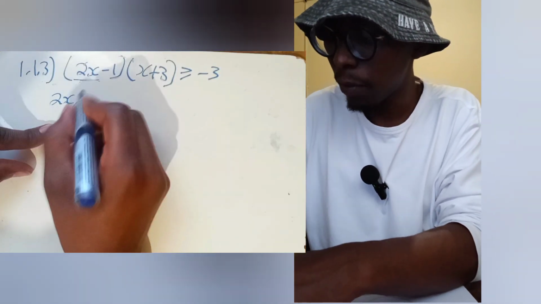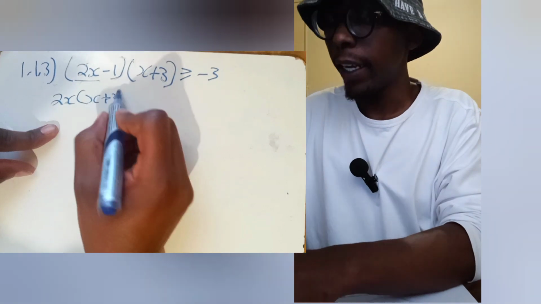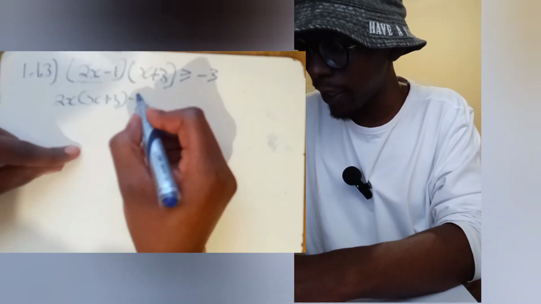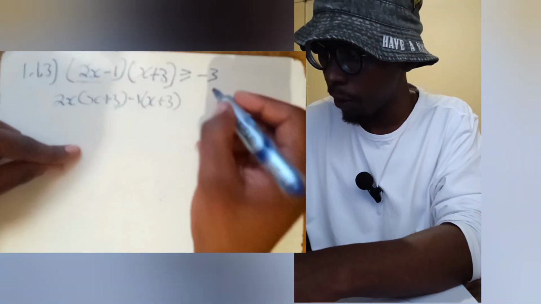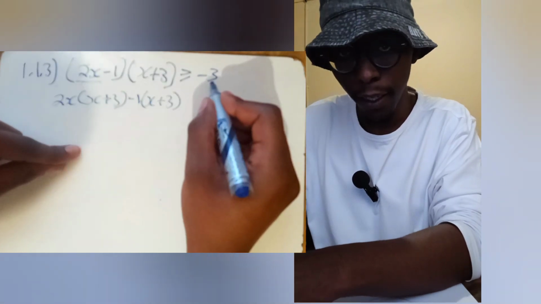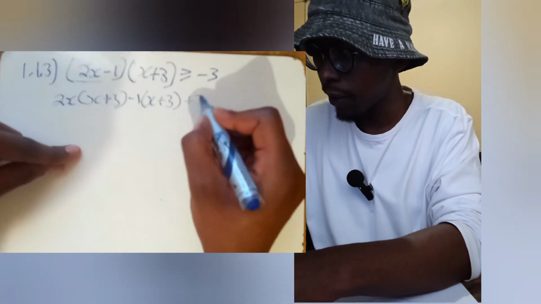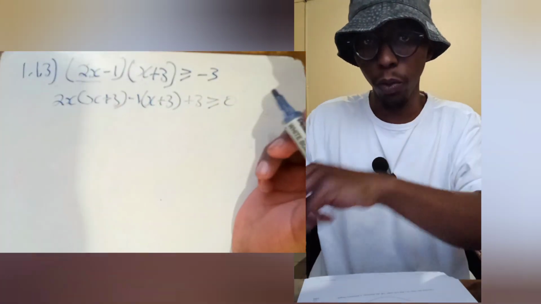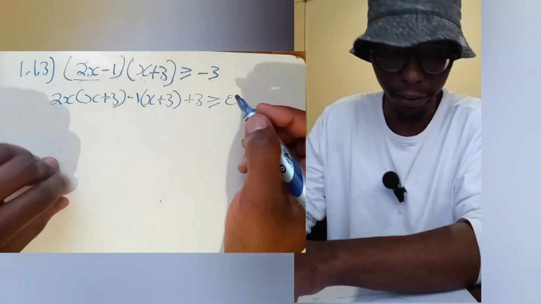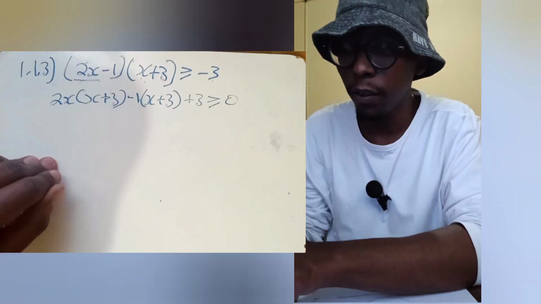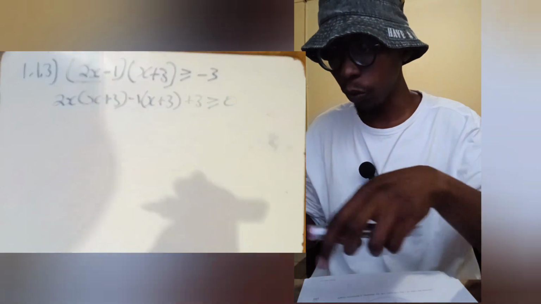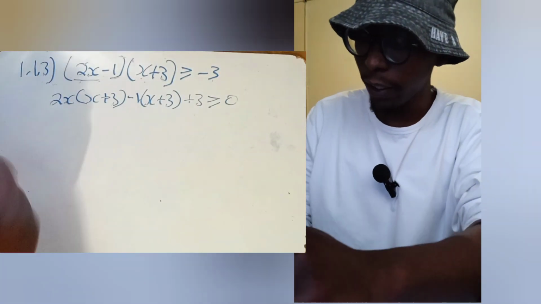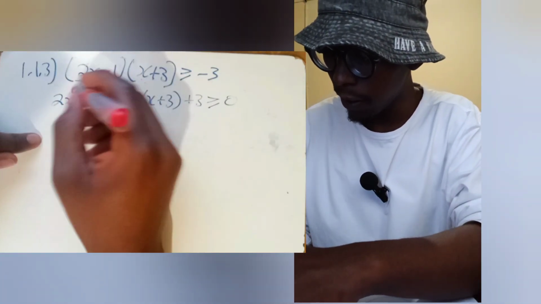So 2x must multiply x plus 3, and then the minus 1 must multiply this bracket, x plus 3, and then I simply move the minus 3 across, and when it crosses, it becomes positive 3, and the right side is 0. So now it's simple distribution, unlike FOIL, which I found to be very confusing to most kids. I don't know why. So here it's simply distribution.